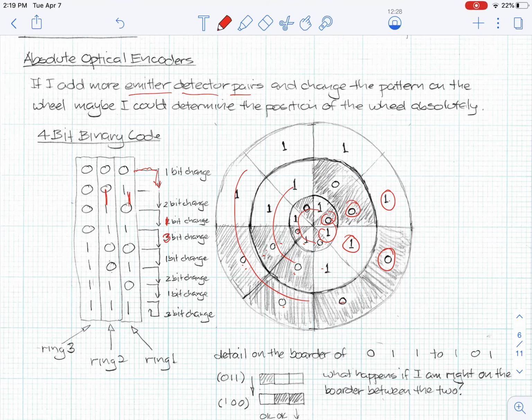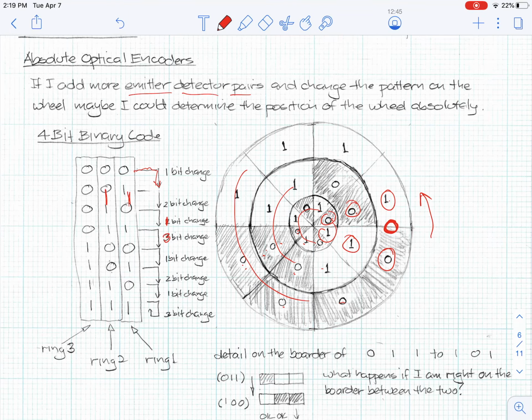Okay, now what could possibly be the problem? Well, let's say that when you're rotating this, since the world is not a perfect place, I end up with a sensor that sits right there. Okay, it's sort of on the border between 0 and 1.